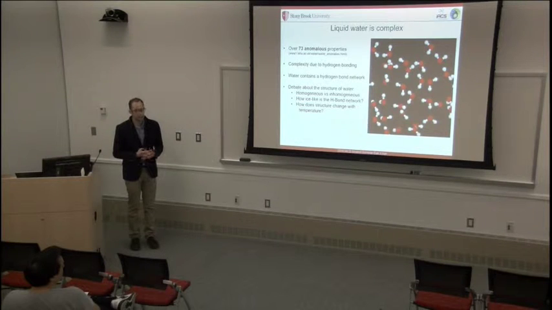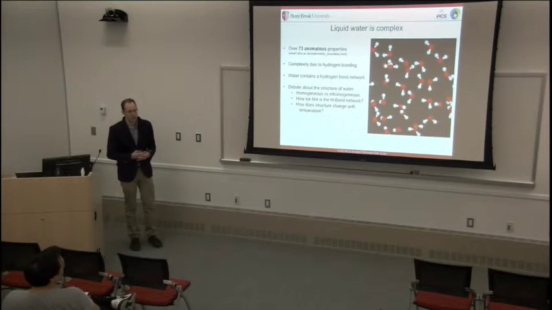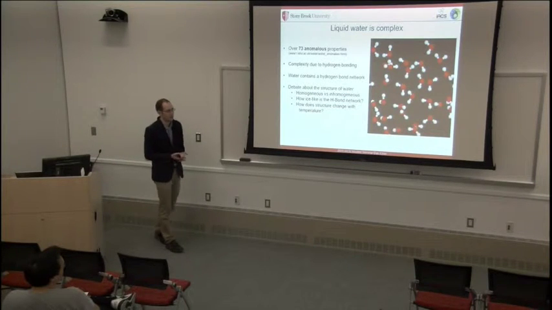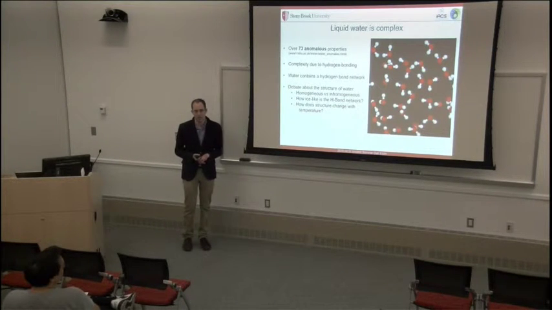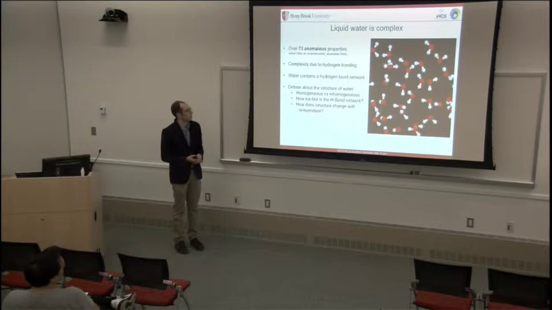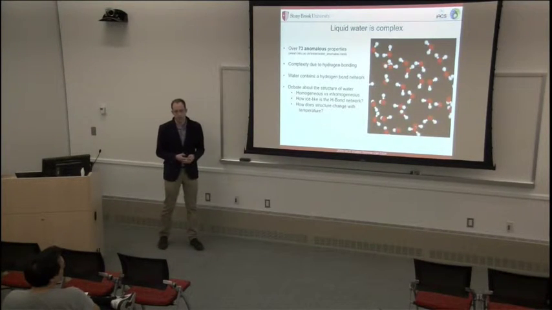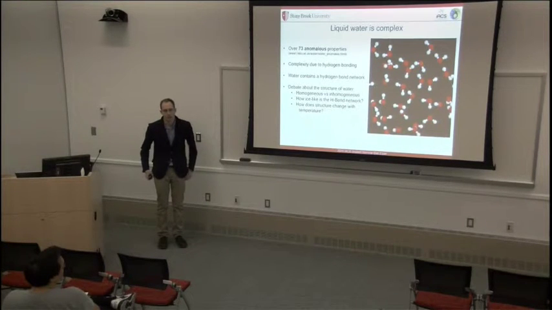So we study liquid water, and you might think we know everything about water, but water is extremely complicated material. And over 73 anomalous properties have been tabulated. The most well-known of those is that the solid form of water is less dense than the liquid form.